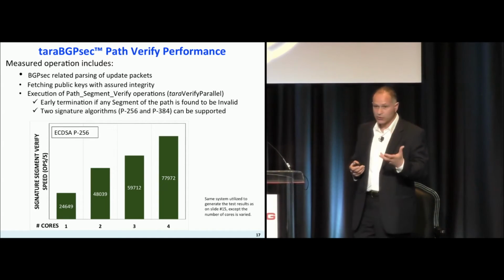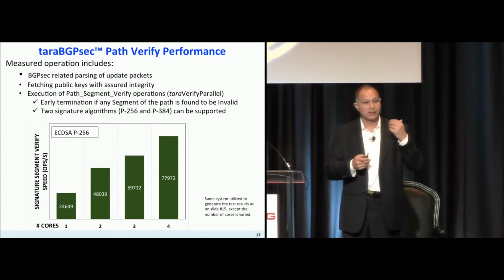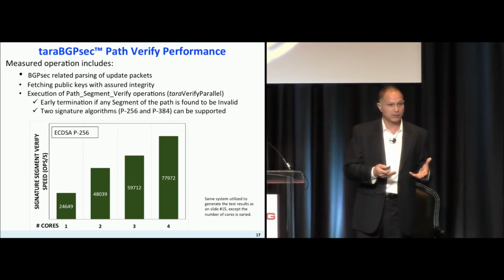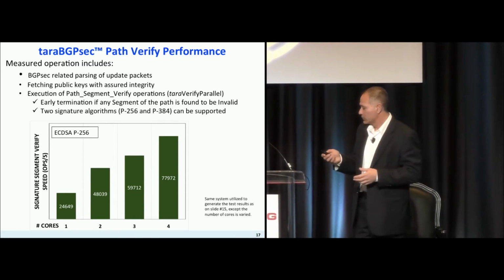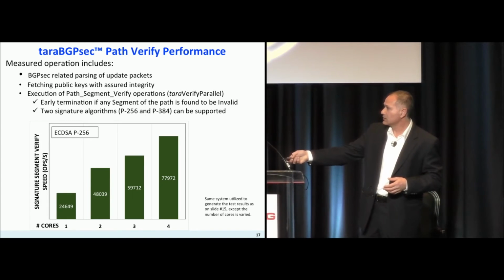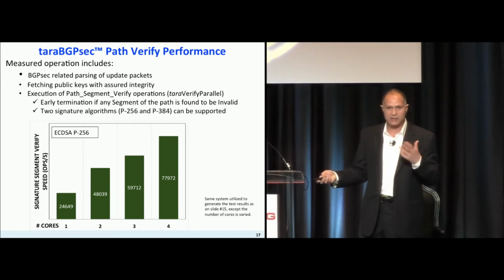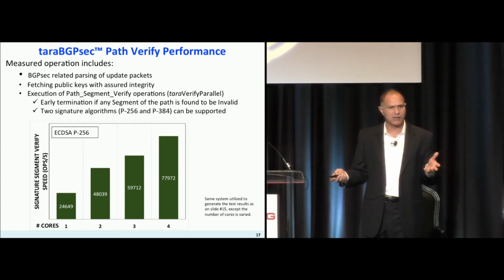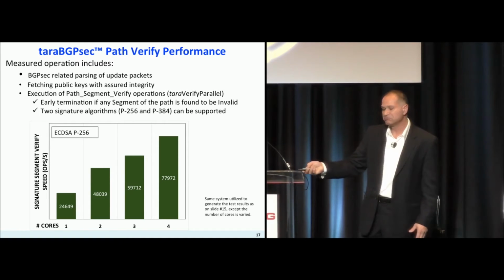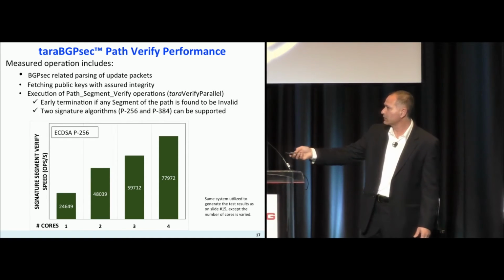So we're going to take each hop, we're going to assemble that data, we're going to hash it, and then we're going to go validate that particular signature. So in this particular case, what we're showing is a single core. If you remember, the ECDSA operation by itself was about 30,000. When we add all of these other elements, we're about 24.6K, which is pretty respectable.